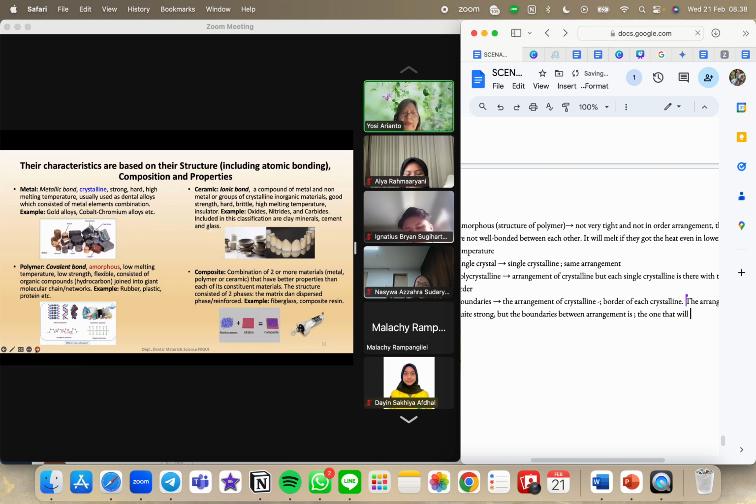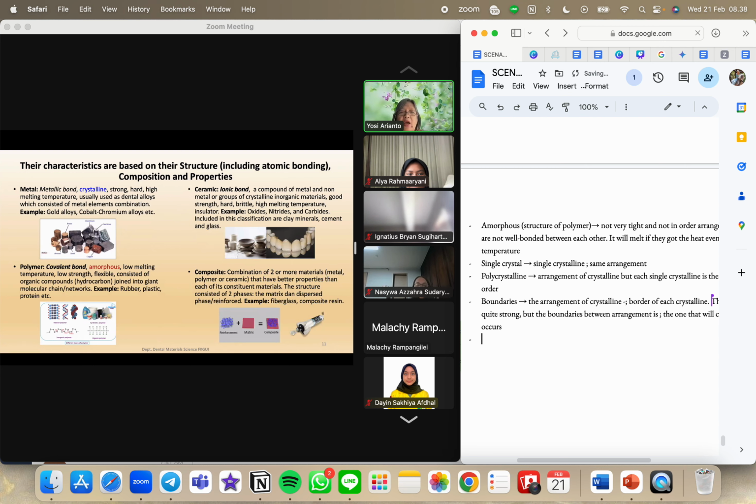Okay, next. Now, these characteristics are based on their structures, including atomic bonding, composition, and properties. For example, the picture here is the metals. We have the usual metallic bond for the atomic bonding. They are also very well arranged, so it is called crystalline.